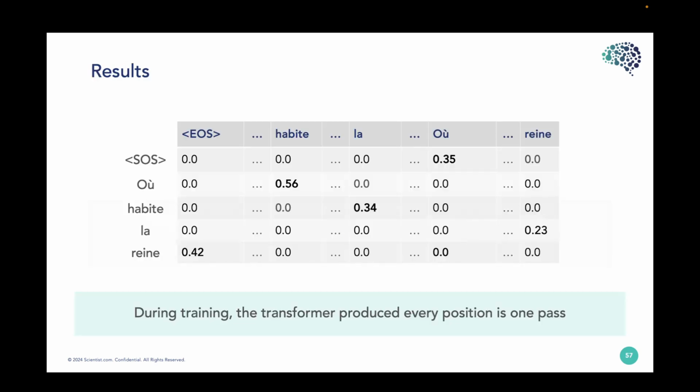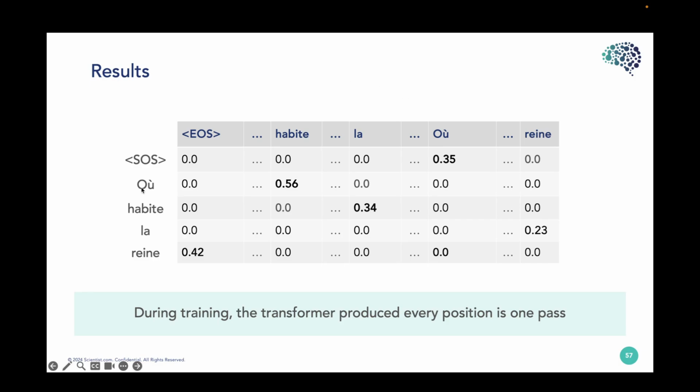So what that looks like, I'm showing what this would look like post-training. During training, it's going to look a lot more random. But post-training, if your decoder input is SOS, où, habite, la reine, then your columns are every word in your vocabulary. You're going to end up with a probability distribution that says, from the token SOS, the next likely token is où.